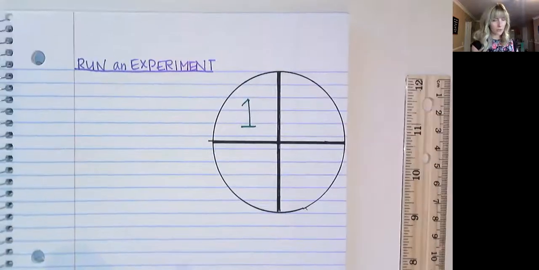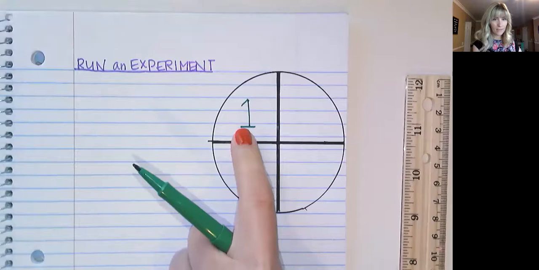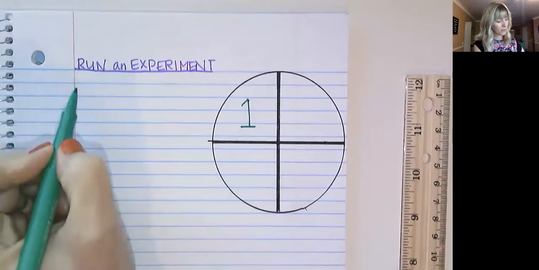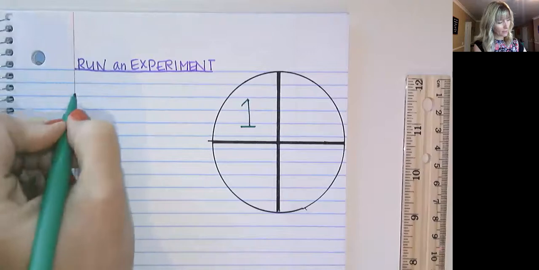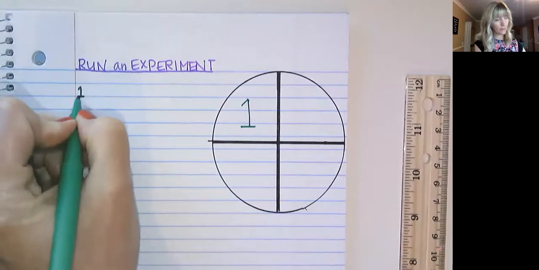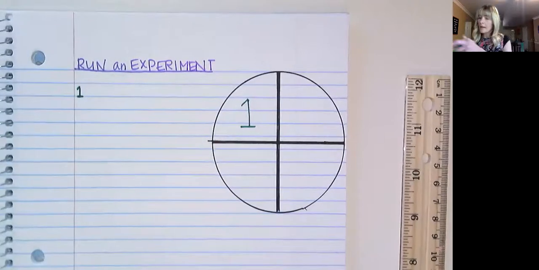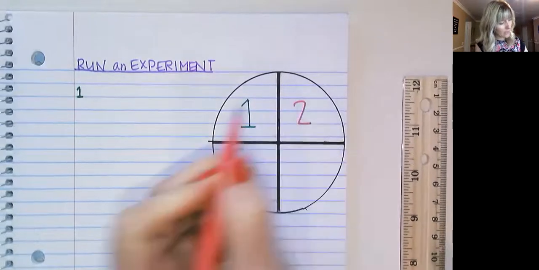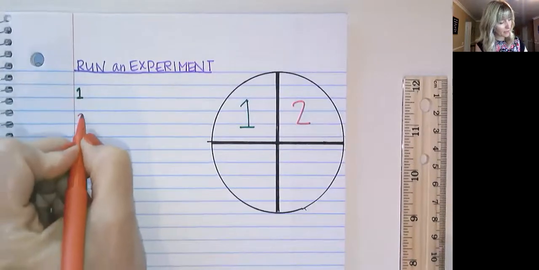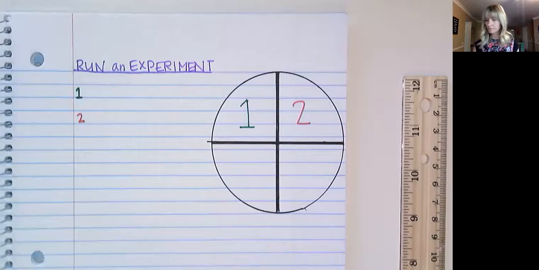So I'm going to write a 1 over here, and then with that same marker, skip a space and write a 1 over here in green as well. And then I'm gonna use red, and write a 2, and then skip a space and write a 2 in red over there.